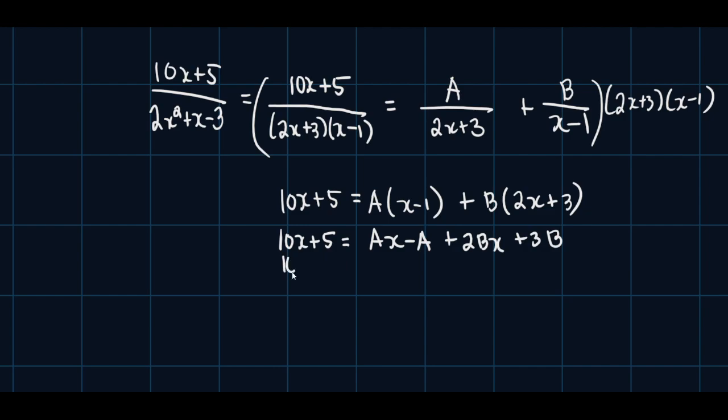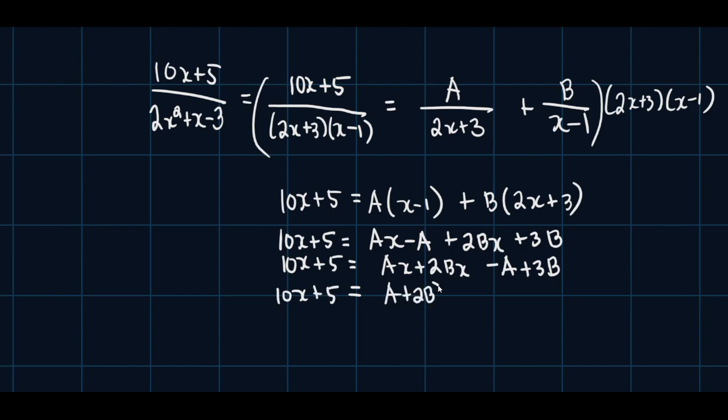Now, let's rearrange the terms. We have Ax + 2Bx, minus A plus 3B. Or, 10x + 5 equal to (A + 2B) times x plus (−A + 3B).